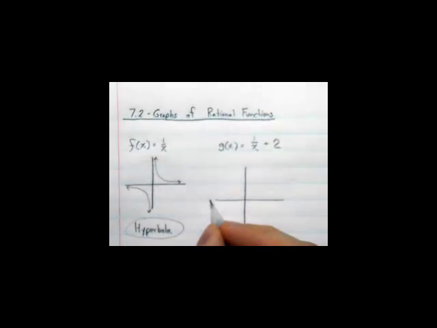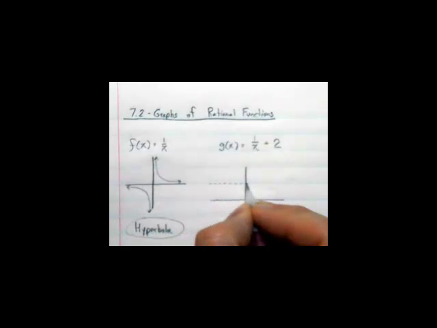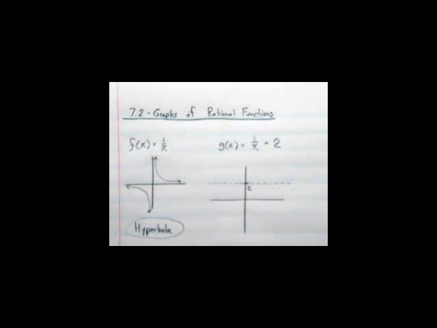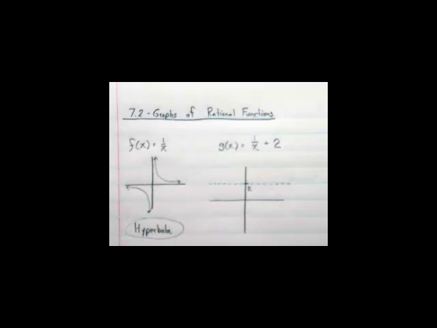So for this one then, and we always use dotted lines for asymptotes. This horizontal asymptote now is going to be up at 2. Okay? And then the little curvy pieces fit into that. The y-axis, I haven't moved that left or right. That stays right where it's at. So that vertical asymptote is still right there.